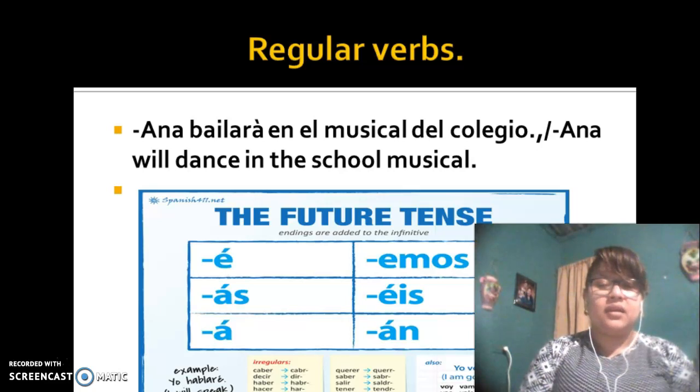As you can see in this verb, it is the important characteristic to identify that it is a regular verb.